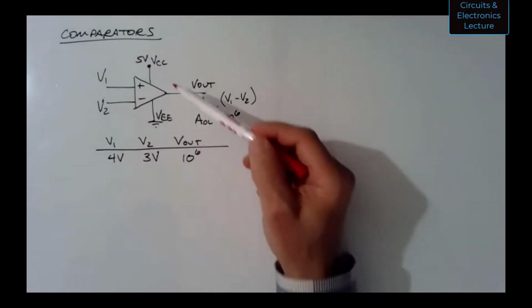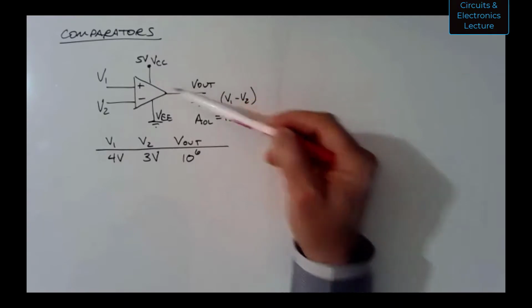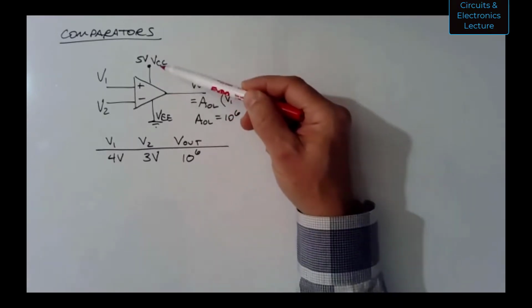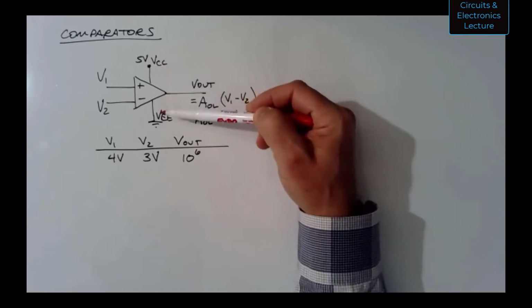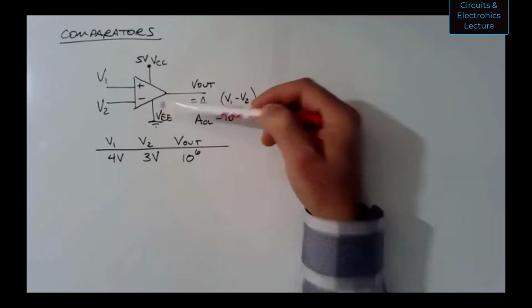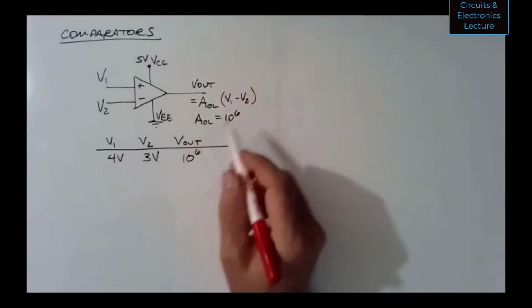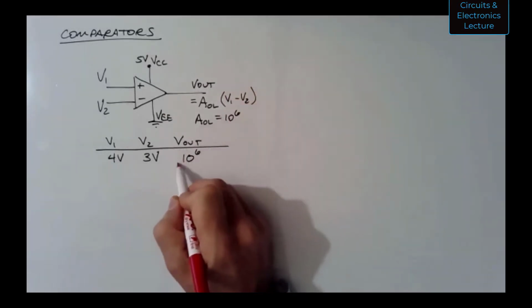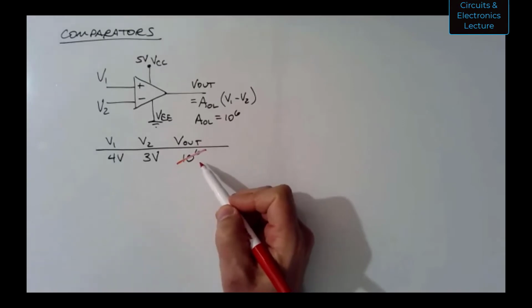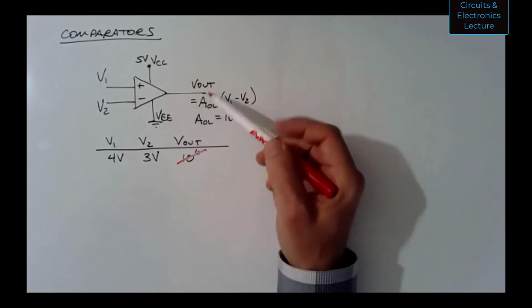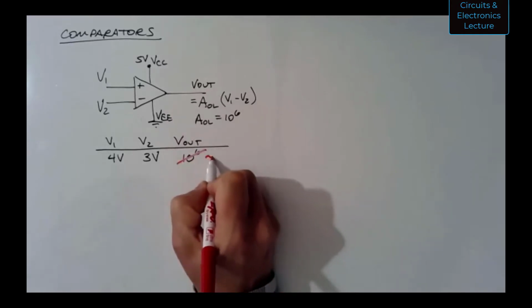Well, actually not. Remember, the output voltage swing says the output voltage is going to be limited to a voltage between VCC and VEE. So let's assume this is a good op amp. I'll show you another way to do this. We're not going to get 1,000,000 volts at the output. We're going to get the biggest positive voltage that's possible at the output, which is approximately 5 volts.